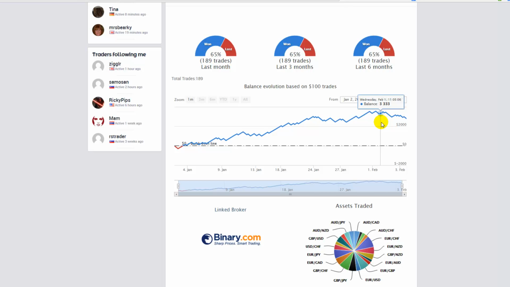And in the end, for example, I was calculating if I have 120 copiers who are copying on gold, which means $300 per trade investment, it is very easy, for example, with this system to make, for example, $3,000 per month return.